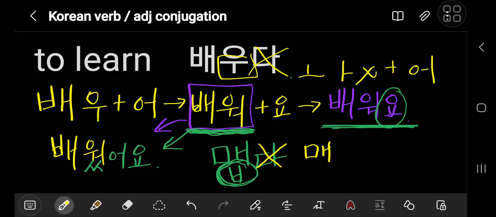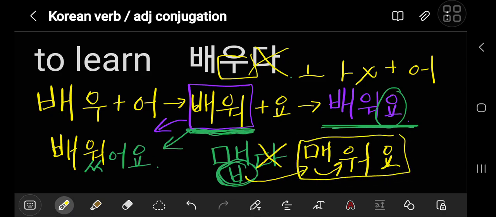And the bucket transforms into an ooh. So we have ooh, and then we add the o and the yo for formality. So in this case, it's a little bit special and irregular. So when you're saying, this is spicy, by the way, oh, spicy, spicy. Oh, 매워, 매워요.